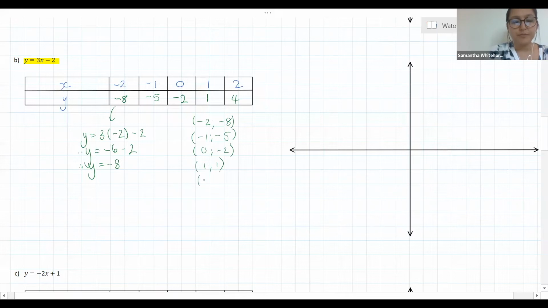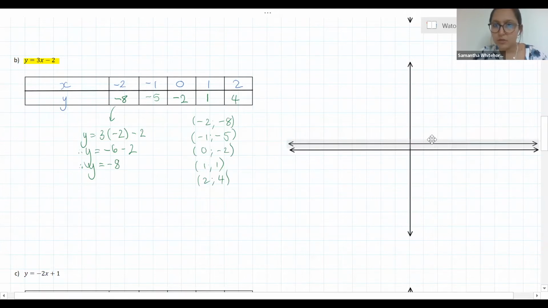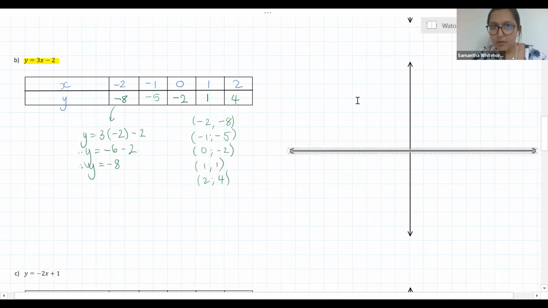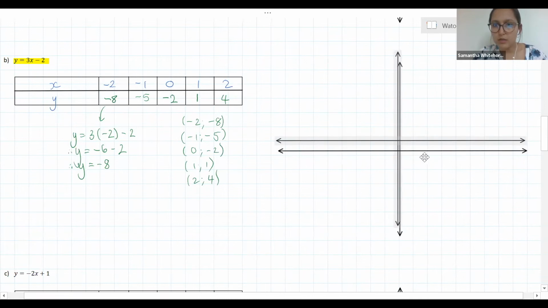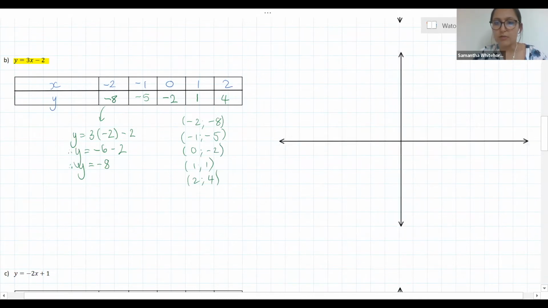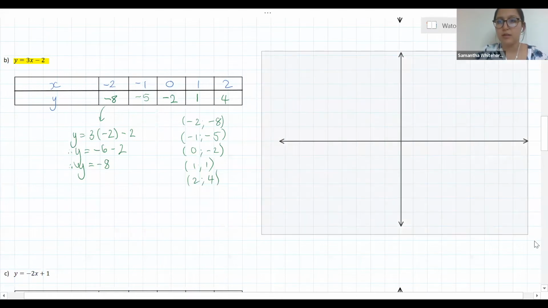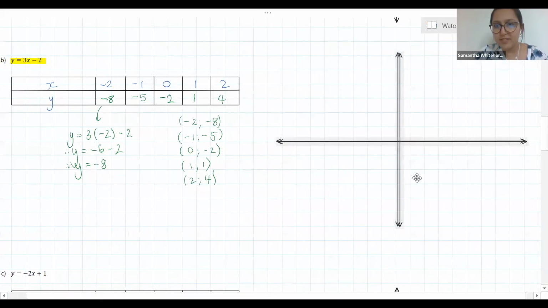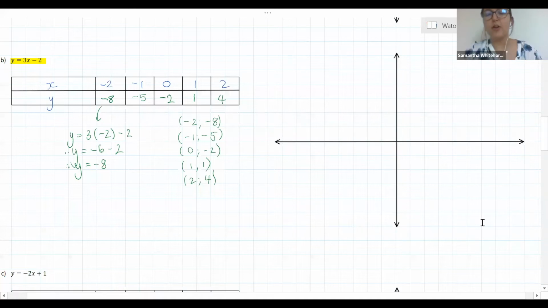Right, so we now want to plot these coordinates. This is really annoying me that my coordinate system is so out of whack. Why? Oh, that looks better though. We can see it. Okay, there we go.